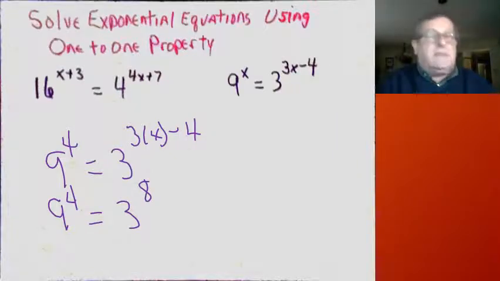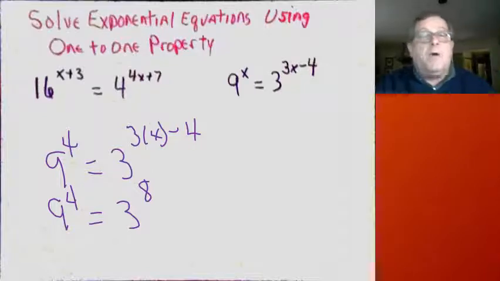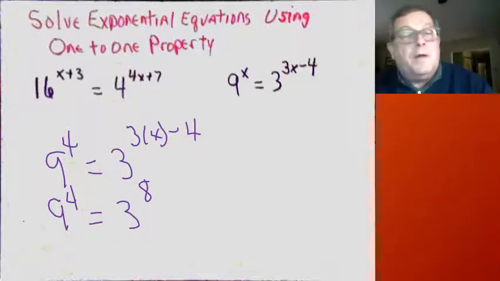Let's get the calculator out and see how that flies. 9 to the 4th power equals 6,561, and 3 to the 8th power equals 6,561. Done.